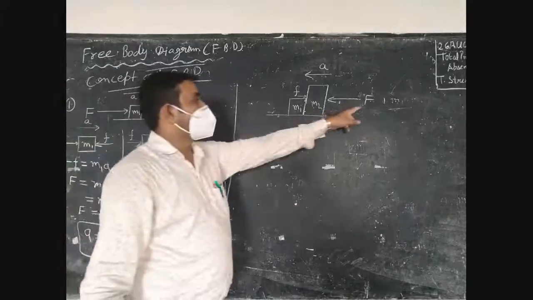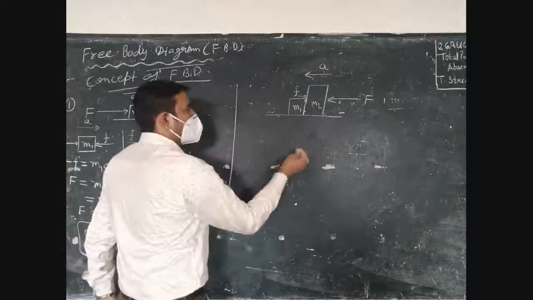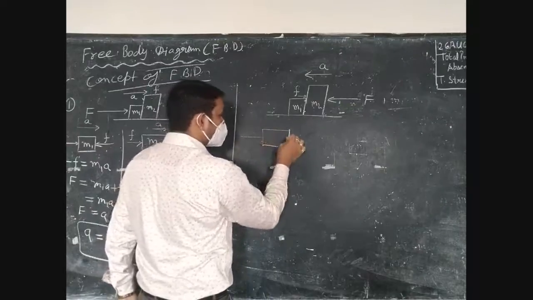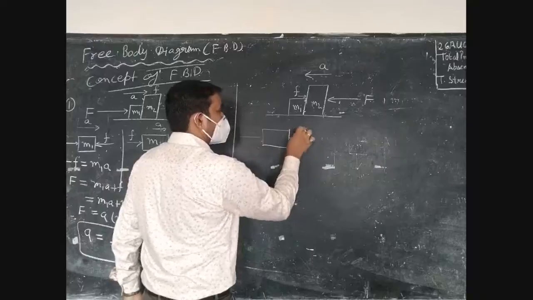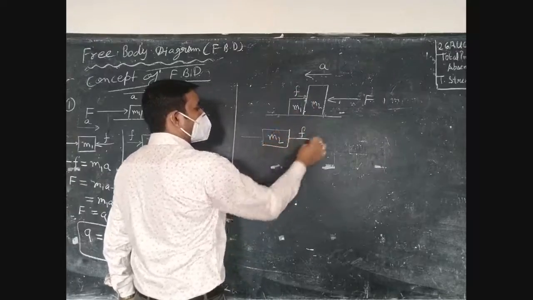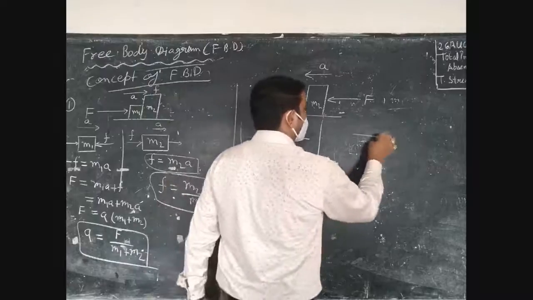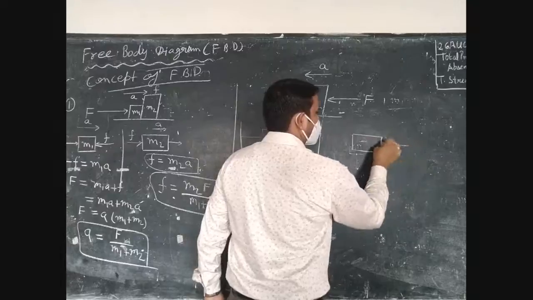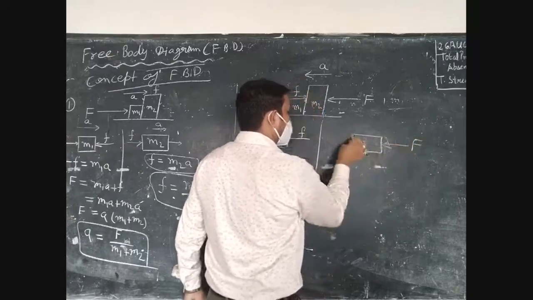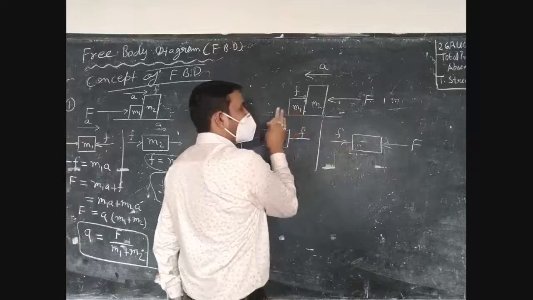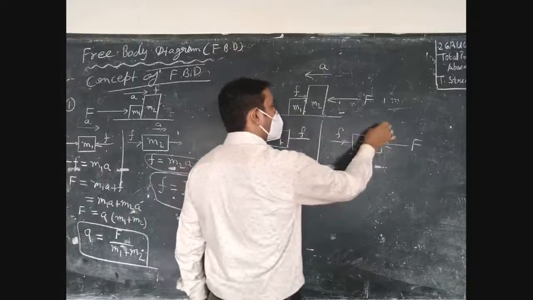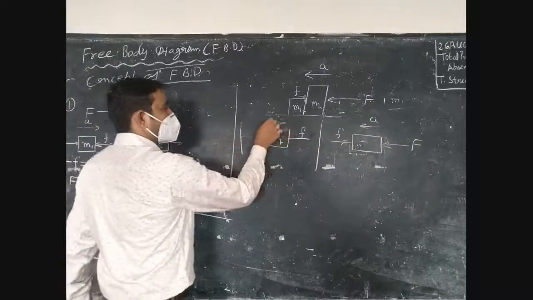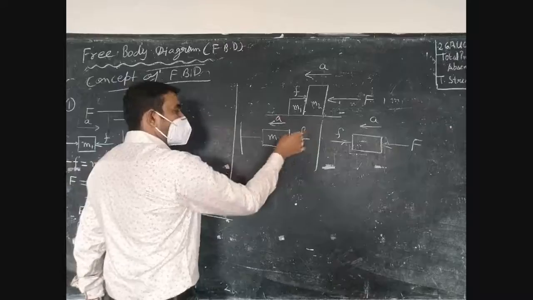Now, if you are solving for it, this is small f on 2, and for the second body the force applied from here, and we find this small force opposing this force, and the body is moving in the opposite direction here.